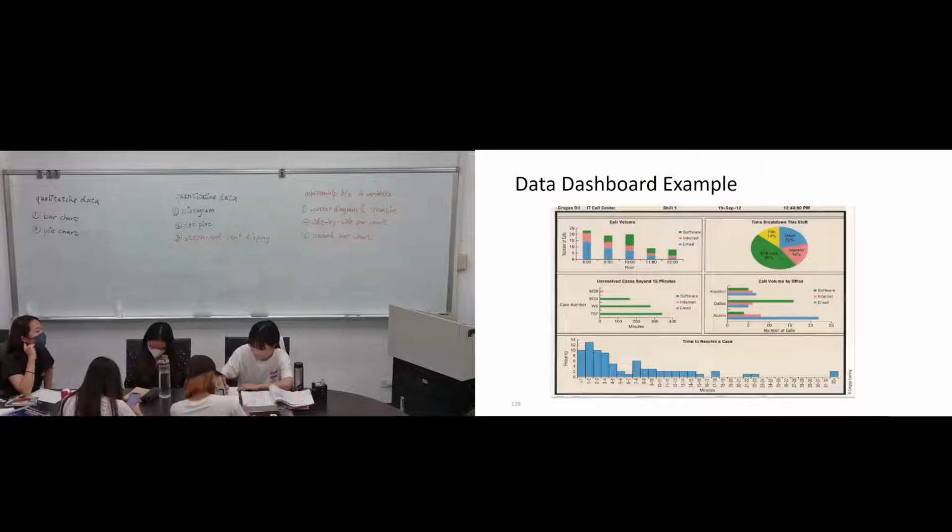We can use the bar chart, pie chart, side-by-side bar chart, or the histogram to address that issue by using these charts. So this is the data dashboard.